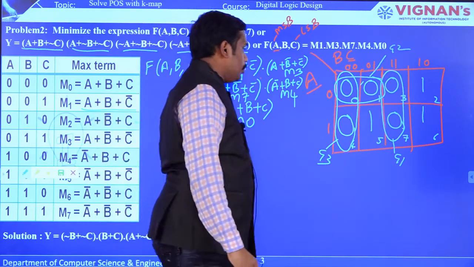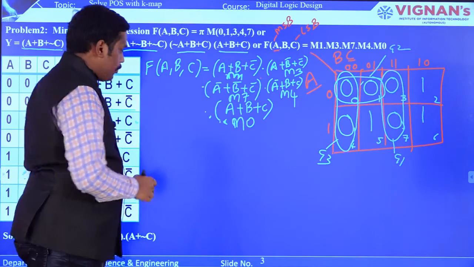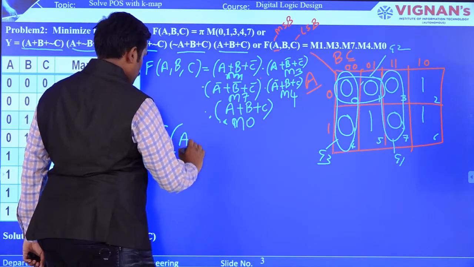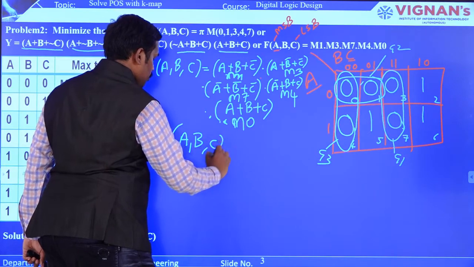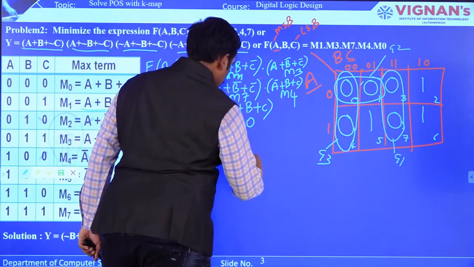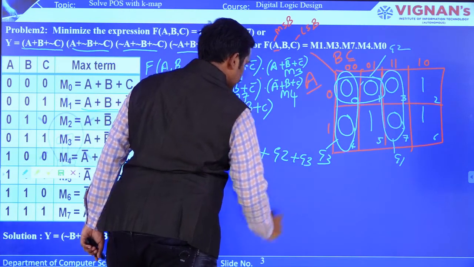Okay. So now for this particular POS form, we are going to write an expression. 3 variables are there. So f of A comma B comma C is equal to G1 plus G2 plus G3.